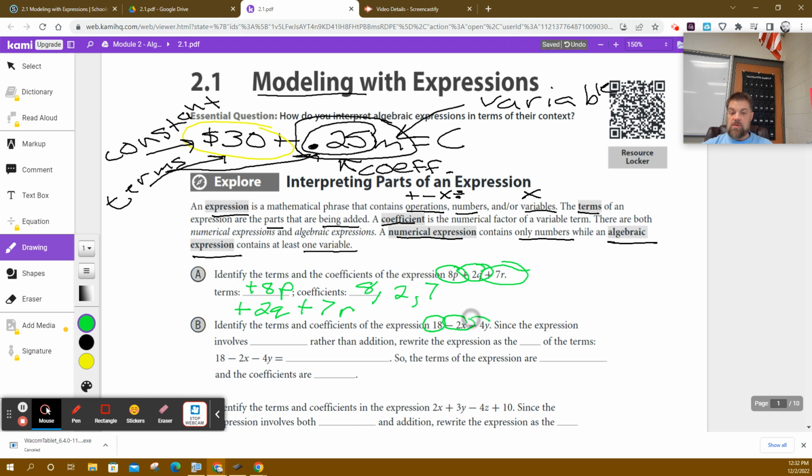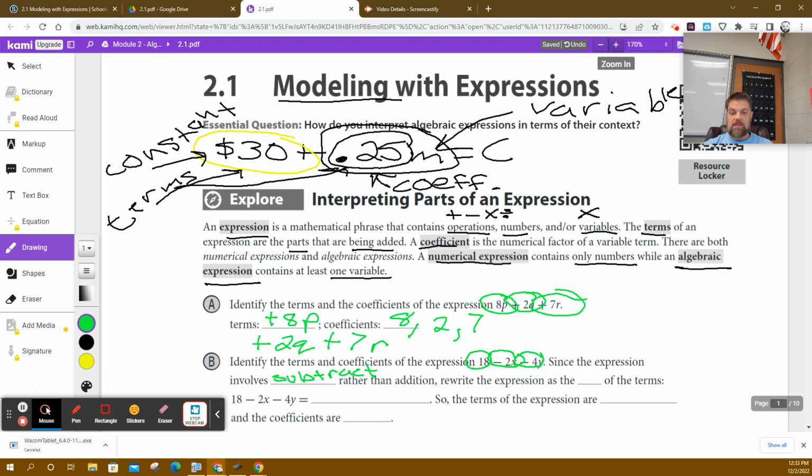That's negative 2x and negative 4y. Since it's an expression, not an equation, there's no equal sign. Since the expression involves subtraction, can you guys see the green? Yeah. I almost wonder if I need to zoom in a little bit on these. Yeah, let me zoom in a little bit.